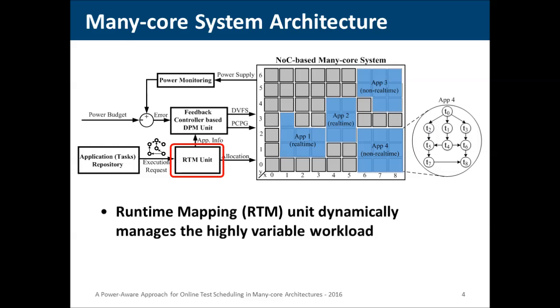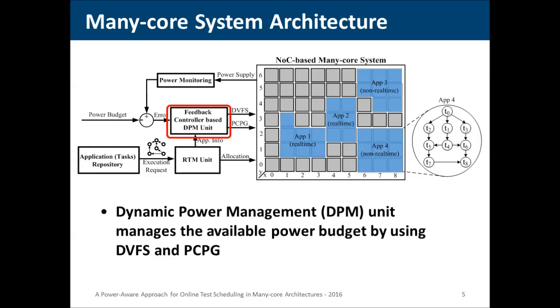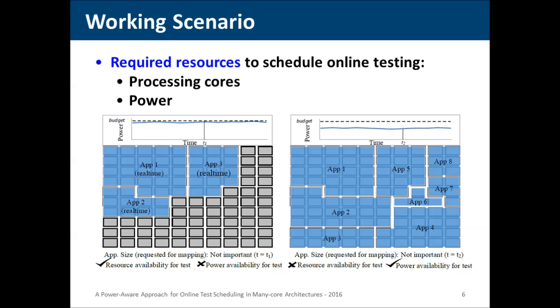Moreover, since the workload is highly variable, with applications entering and leaving the system with an unpredictable trend, the loaded runtime resource management layer contains a runtime mapping unit that dynamically dispatches incoming applications, and a dynamic power management unit which distributes the available power budget among the various cores by acting on dynamic voltage frequency scaling and per-core power gating. In this scenario, we can schedule a test routine only if the suspect core is idle and there is enough power budget to execute the test.